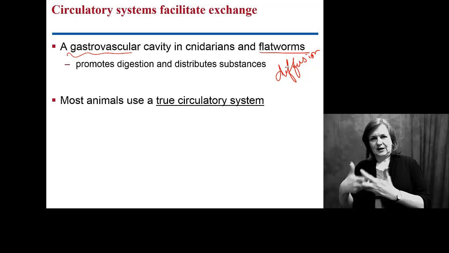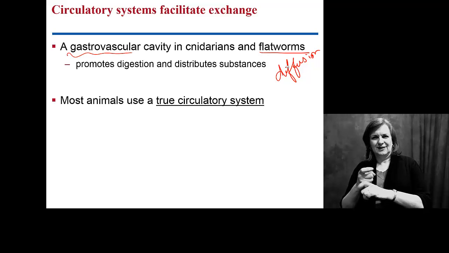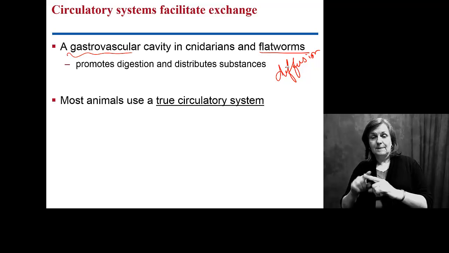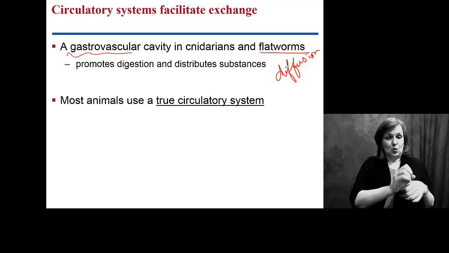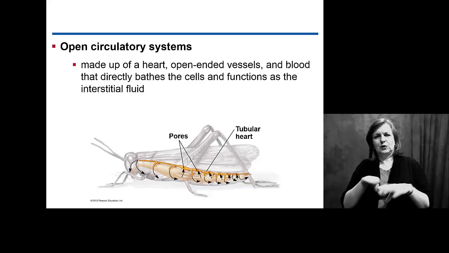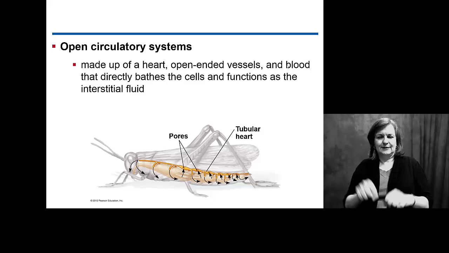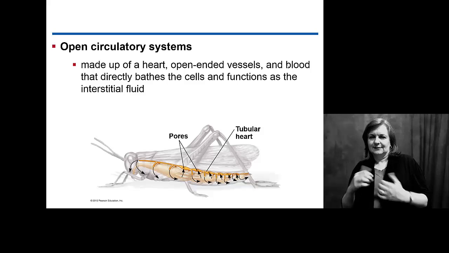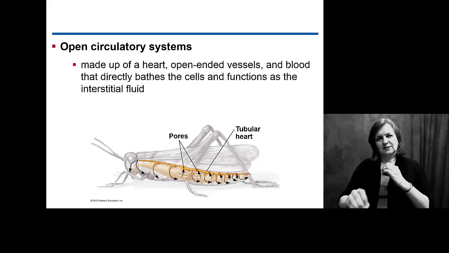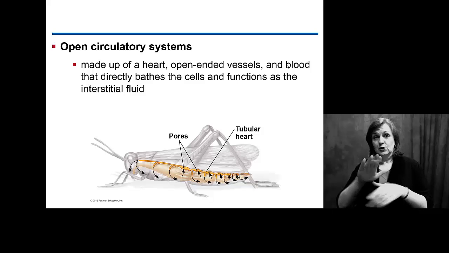You're entirely too large, you're entirely too complex, and you can't diffuse things through your skin well enough to actually get this to work. But between diffusion and you, we have something known as an open circulatory system. And essentially this is a very basic form of your system. We get a heart, we get some vessels, but we don't have everything closed up.